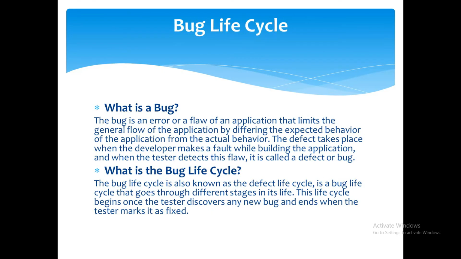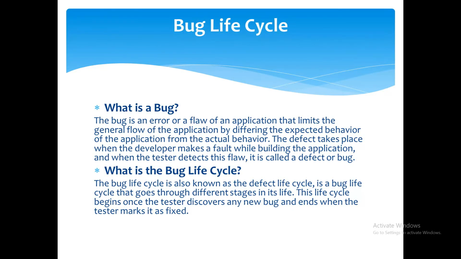A bug is an error or a flaw in an application that limits the general flow of the application. By differing the expected behavior of the application from the actual behavior, a defect takes place when the developer makes a fault while building the application.